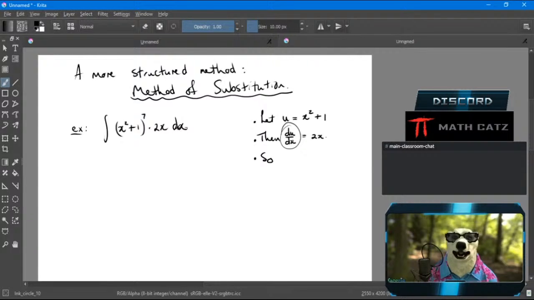There are ways to show that if I see this as a fraction, these little guys, du and dx, follow the same rules as if they were separable pieces of a fraction. So I'm going to see that as a fraction and multiply both sides by the denominator to get du equals 2x times dx.